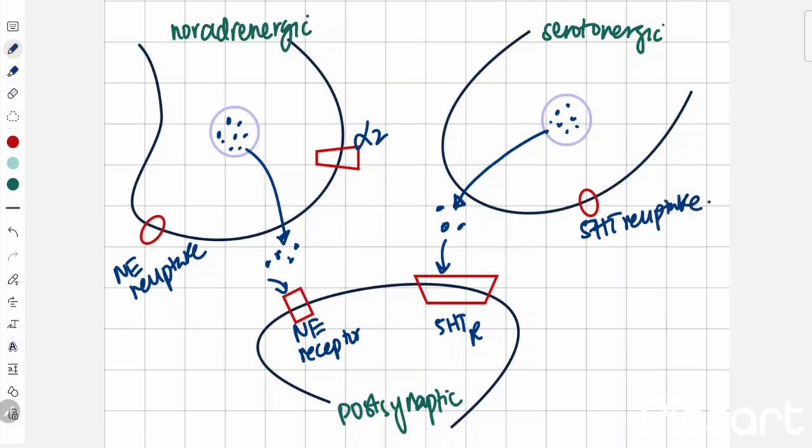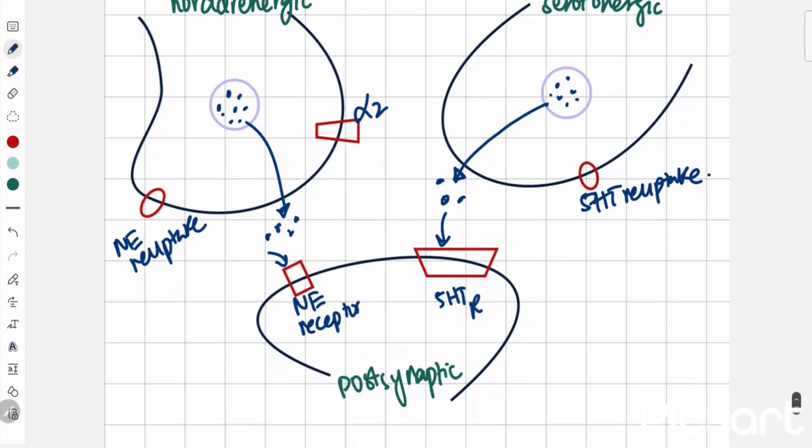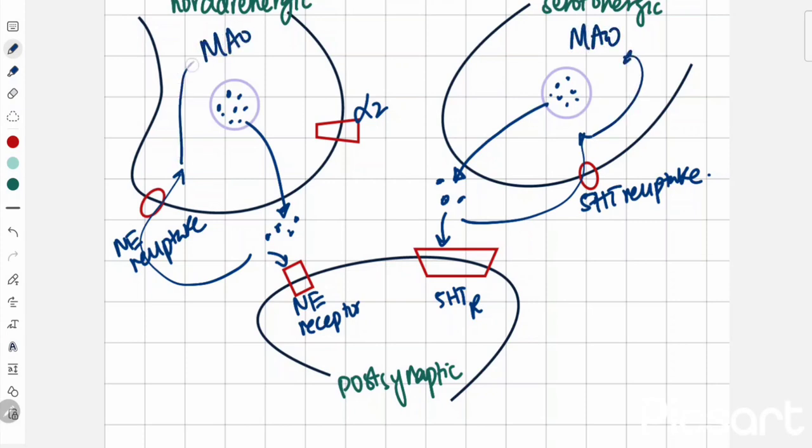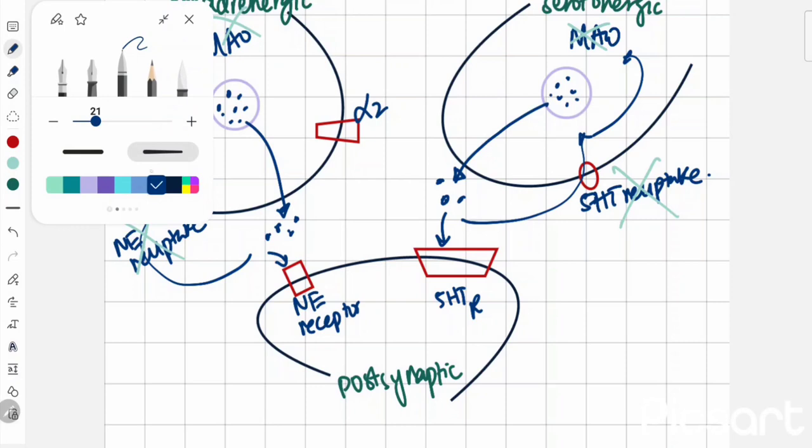Okay, and of course this reuptake is going to reuptake norepinephrine and serotonin and give it to the MAO enzyme, and that is gonna degrade it. So what we have to do right here is stop this reuptake, and we have to stop MAO. Okay, so how are we going to do that? Now let's see the drug classes.